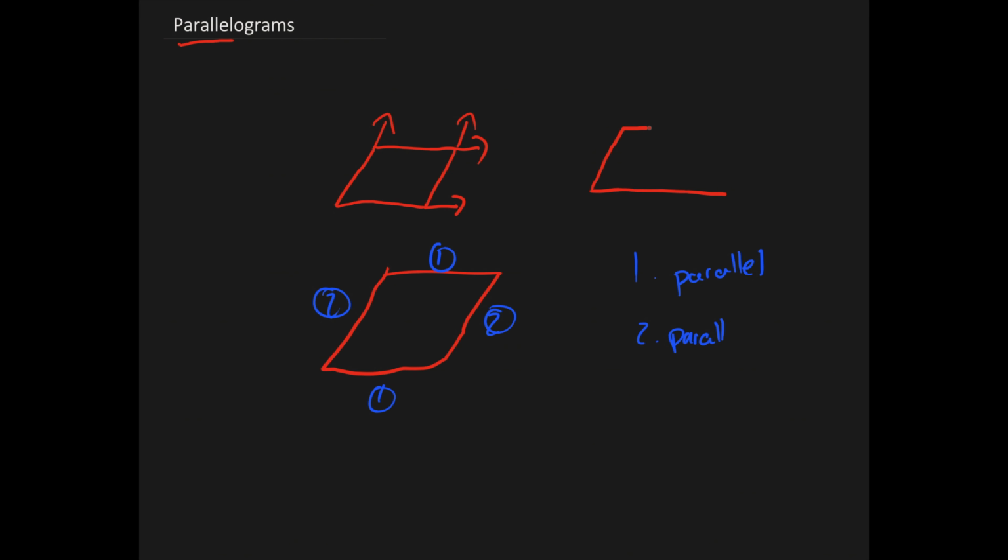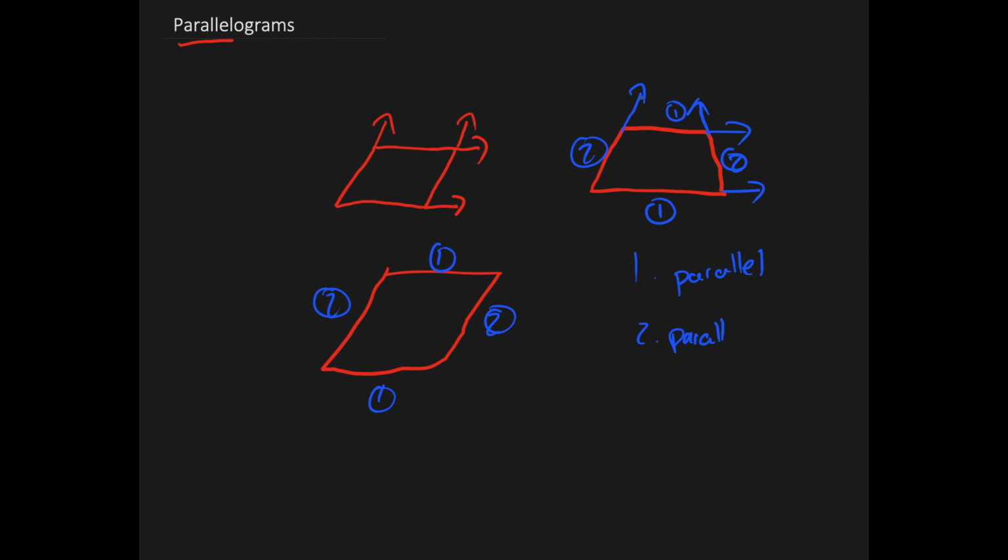If you have a shape like this, is this a parallelogram? No. Why? It has a parallel side. If these lines would go on forever, they would never touch. So 1 and 1. Problem is, there's also 2 and 2. If these lines go on forever, they will touch.